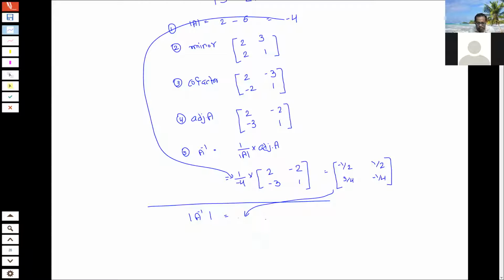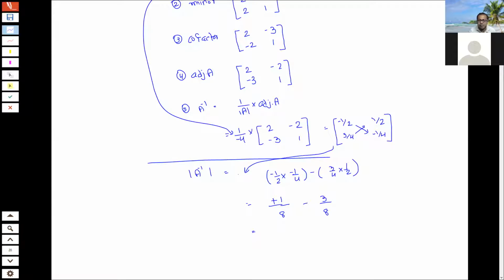To find its determinant, multiply these two, that is minus half into minus 1 by 4. Then multiply these two, 3 by 4 and half, with a minus sign in between, so minus minus plus. 1 by 8 minus 3 by 8.